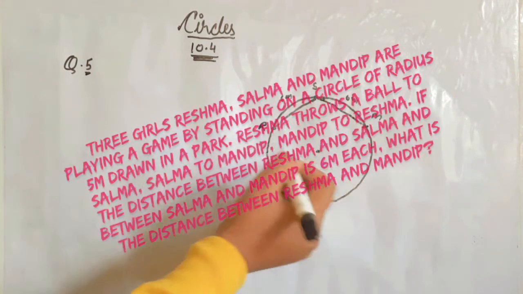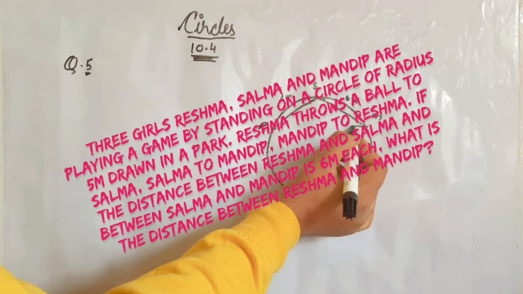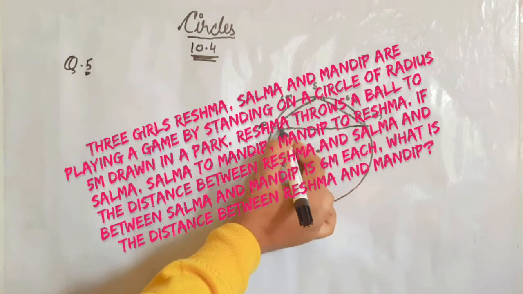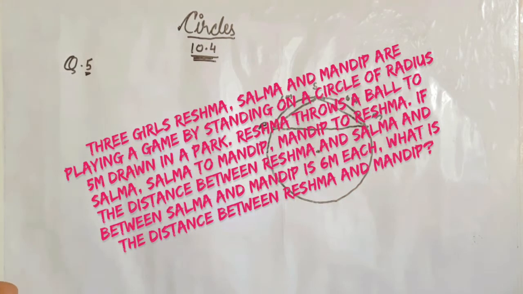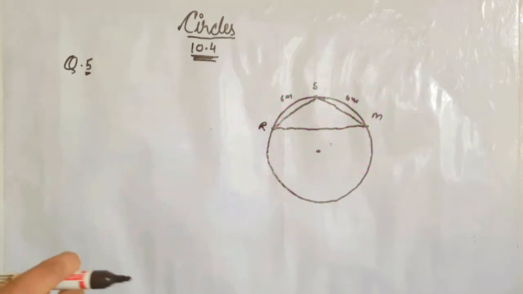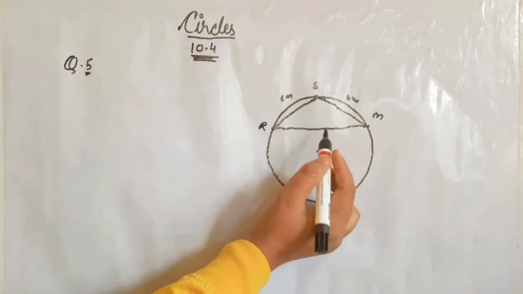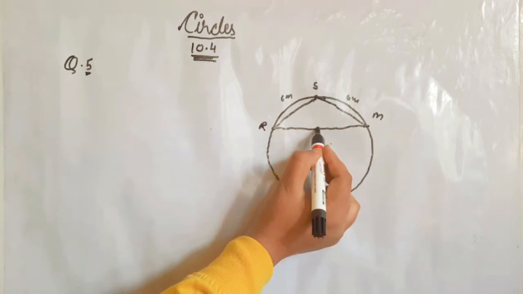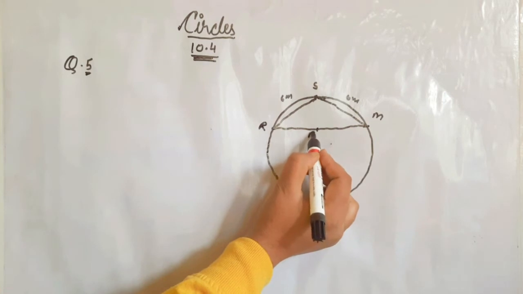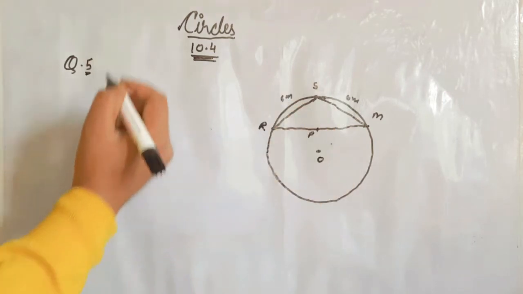Then we have to find out the distance between Reshma and Mandeep. Now how can we do this question? First of all, let us draw, if O is the center, OP perpendicular to chord RM.